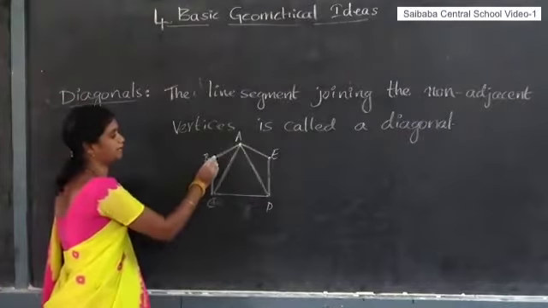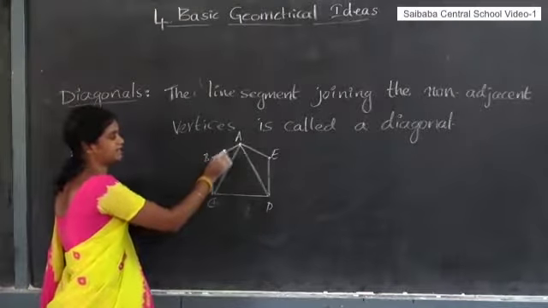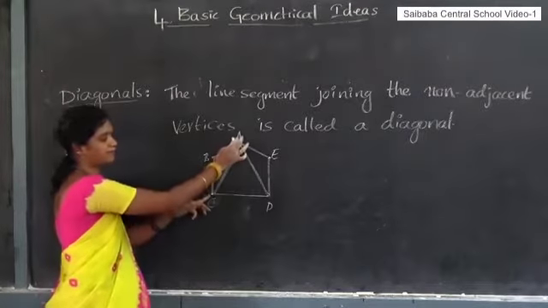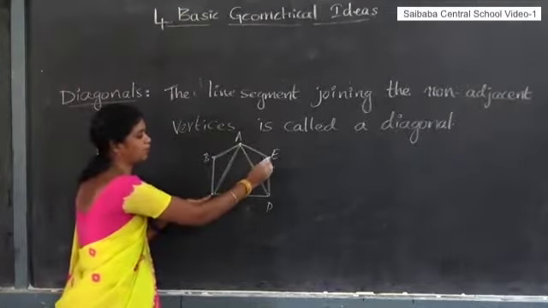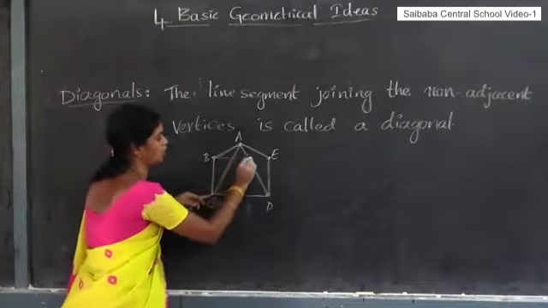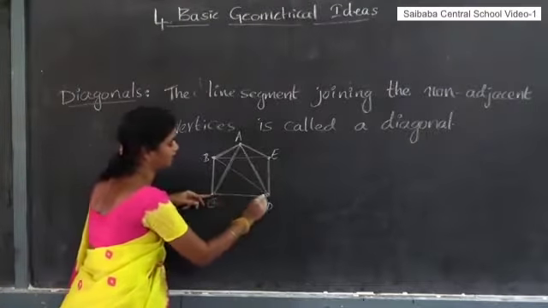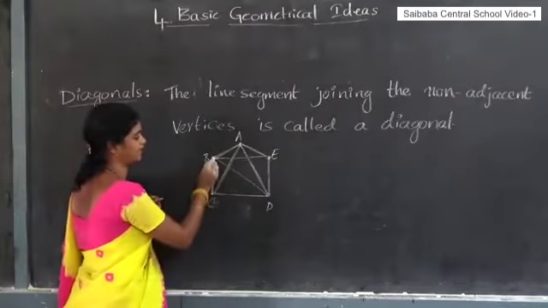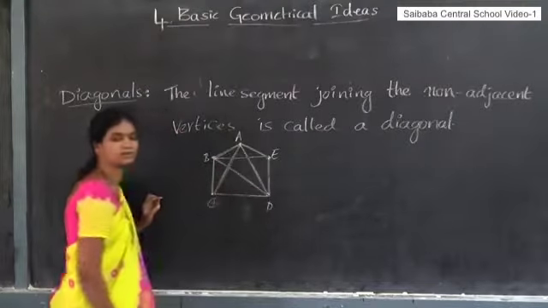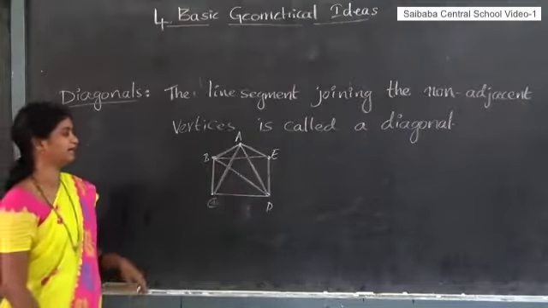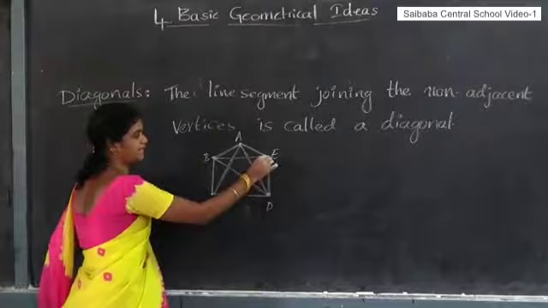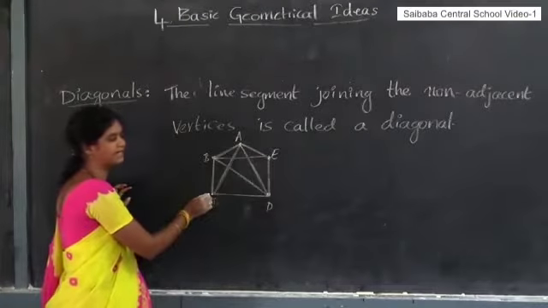If you take B, the adjacent vertices are A and C. Except these two, if you join the remaining points, we get two more diagonals. BE is a diagonal, BD is also a diagonal. For D, E is adjacent and C is adjacent.